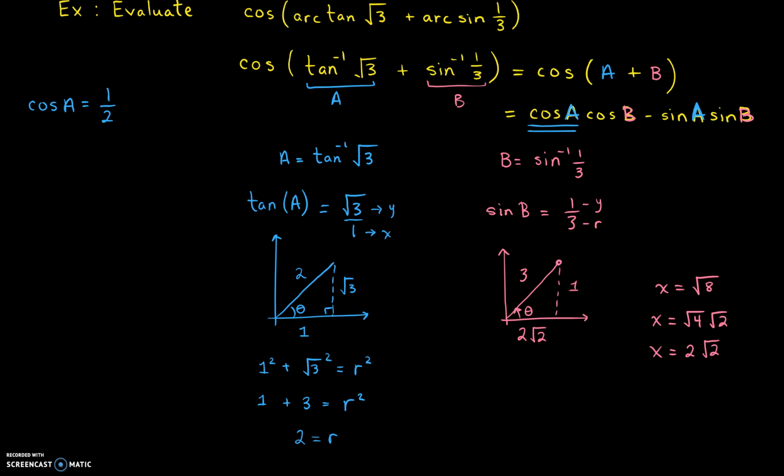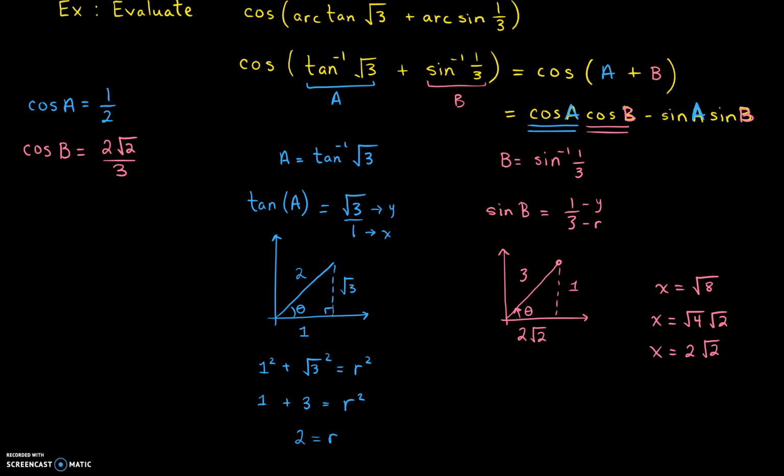And if we look at cosine of B, well, I'm going to write that here, cosine of B. Well, now we're looking at this triangle here. Cosine of B again is the x over the r, so it's going to be 2 square root of 2 over 3. So let me go ahead and write that here, 2 square root of 2 over 3.